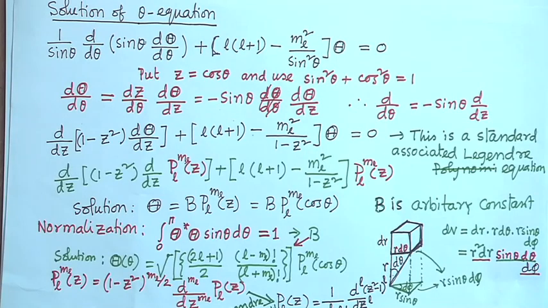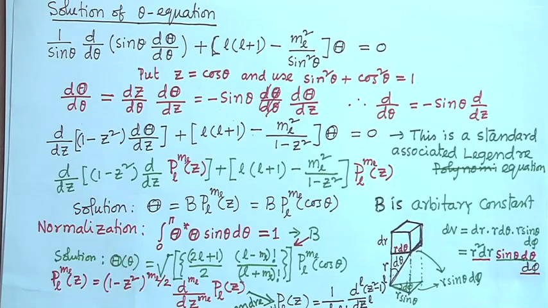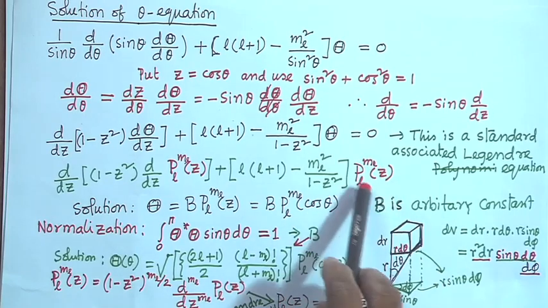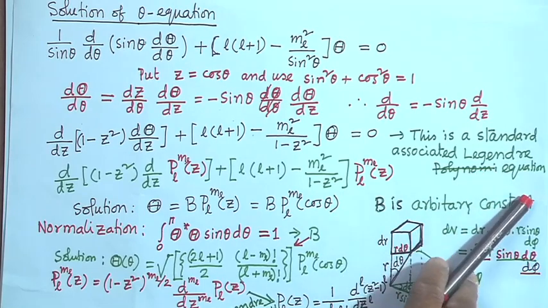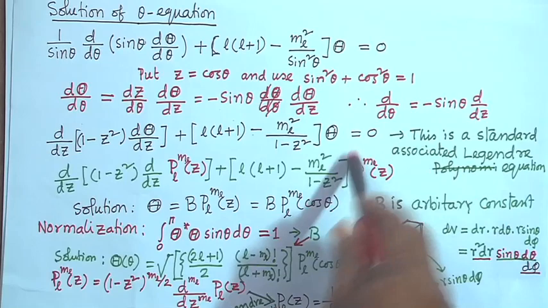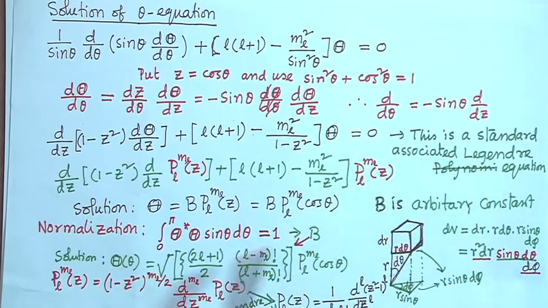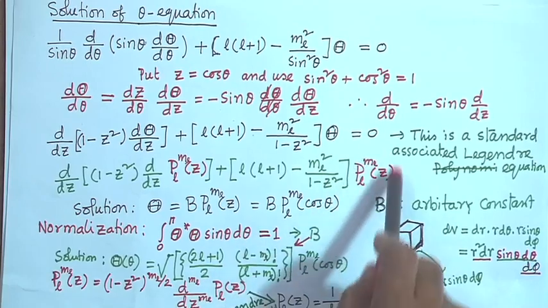Associated, because here two terms will be there. If only this L term is there, that is called the Legendre polynomial, but when this m is associated with this function, it is called the associated Legendre function. So, this is written P L M L as a function of Z.